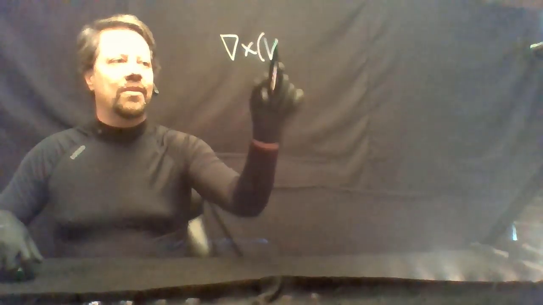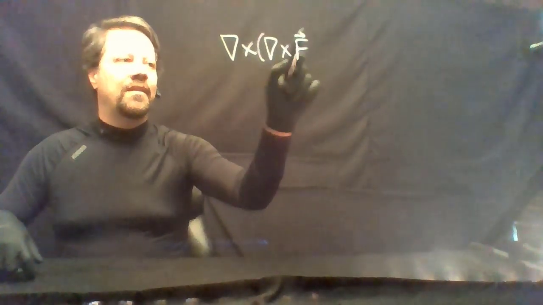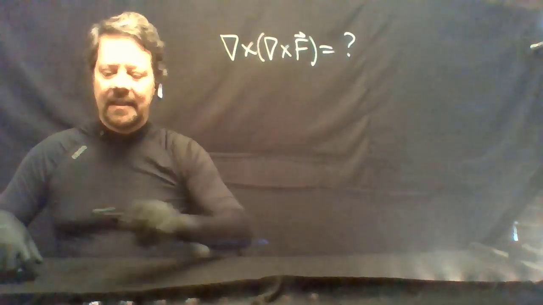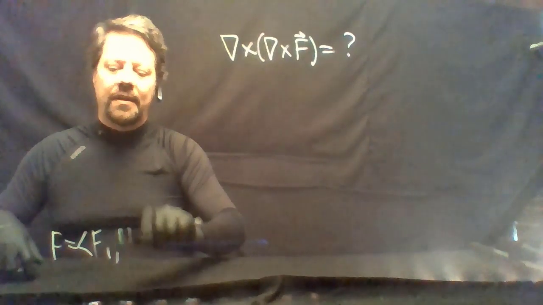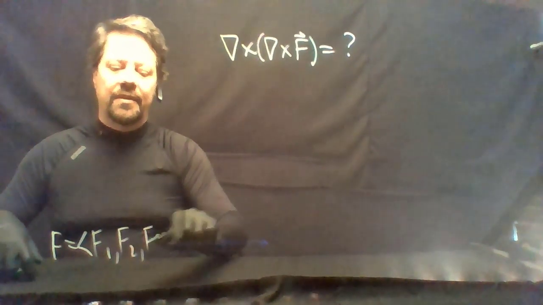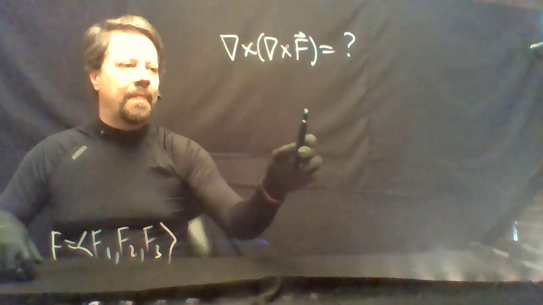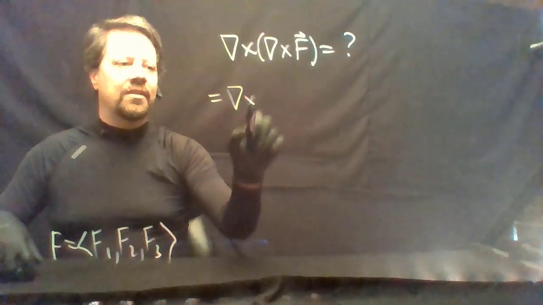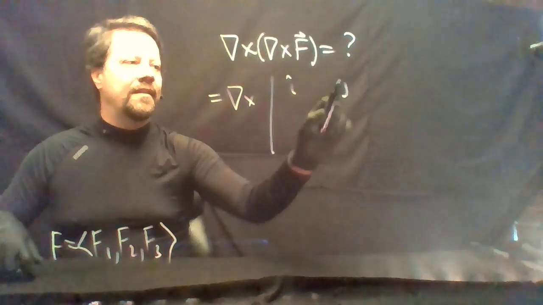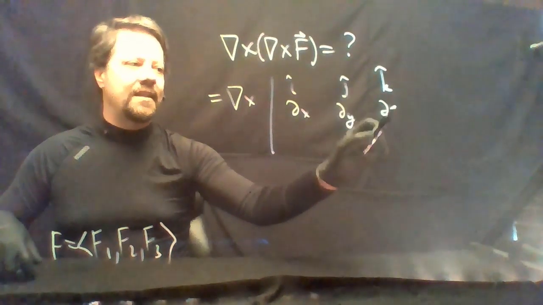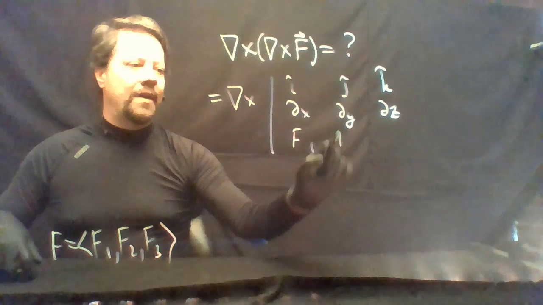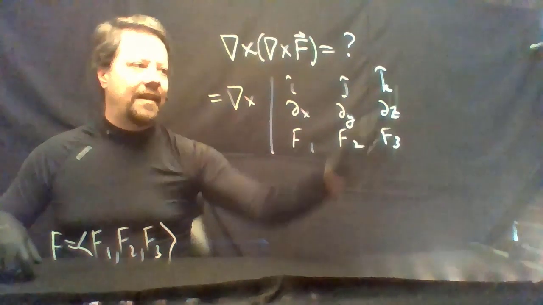First, before getting into Maxwell's equations too far, I want to look at the curl of a vector field. In particular, let's suppose that f has coordinates f1, f2, f3. We'll get the curl of the determinant with rows i, j, k; dx, dy, dz; f1, f2, f3.